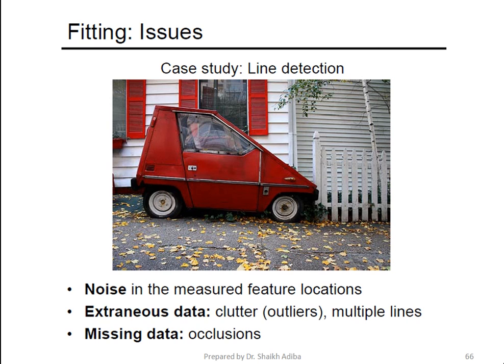We have some issues with fitting. Here we have a case study of line detection. Given an image, if we try to find the lines, first you need to apply thresholding over this image in order to get a binary image. Then you need to apply line detection or edge detection algorithms.